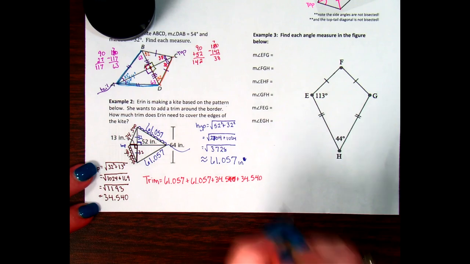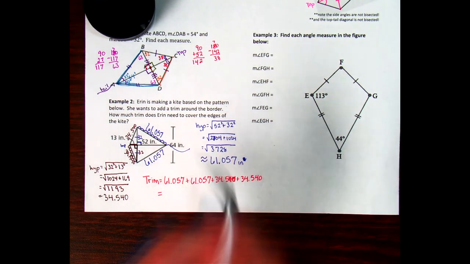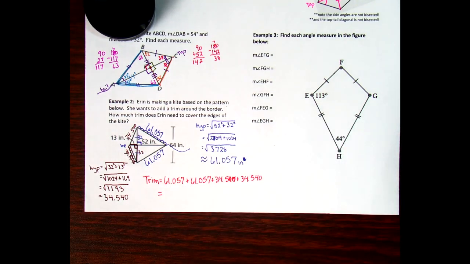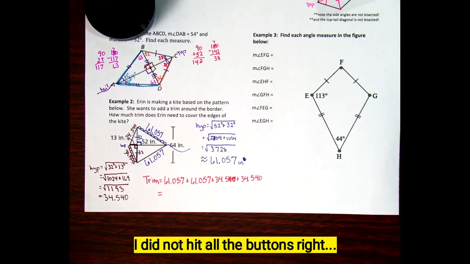That's going to tell me how much trim I need. 61.057 plus 61.057 plus 34.540 plus 34.540.